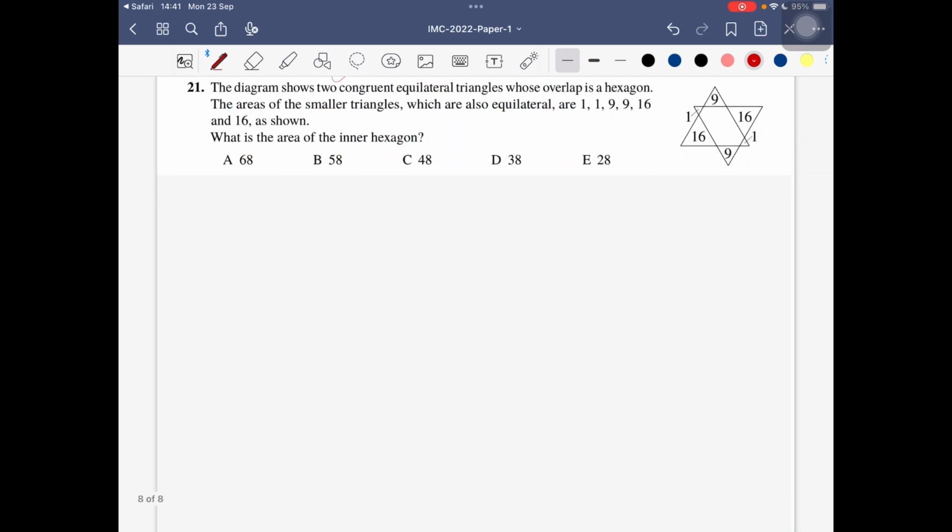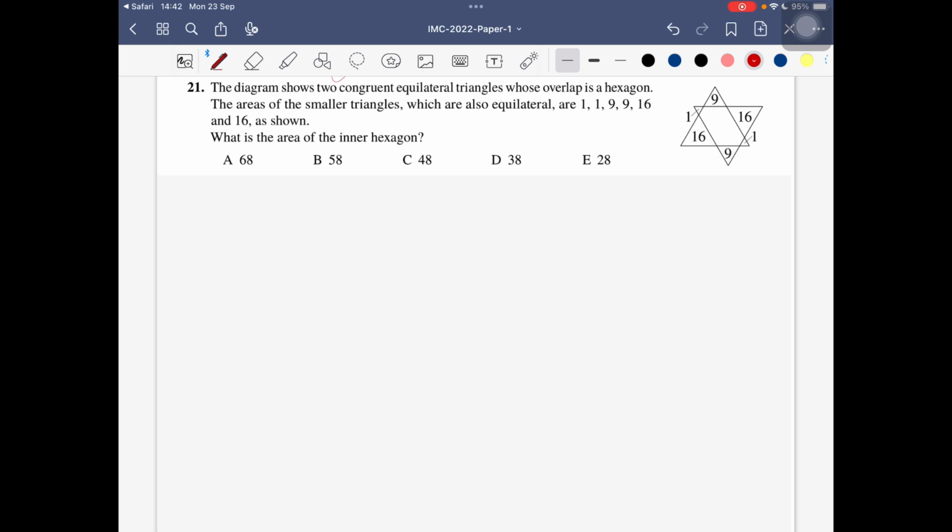The diagram shows two congruent equilateral triangles, with areas 1, 9, 16. What is the area of the inner hexagon? Okay, so let's say when the shapes are similar, the ratio of their side lengths and the ratio of their areas have some relation.